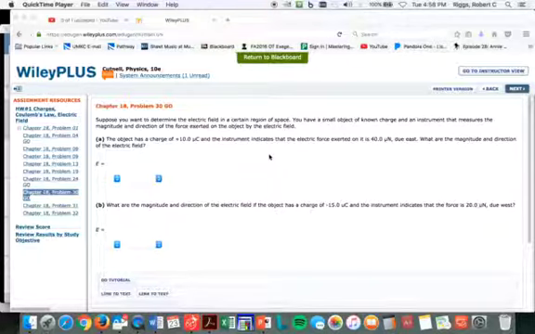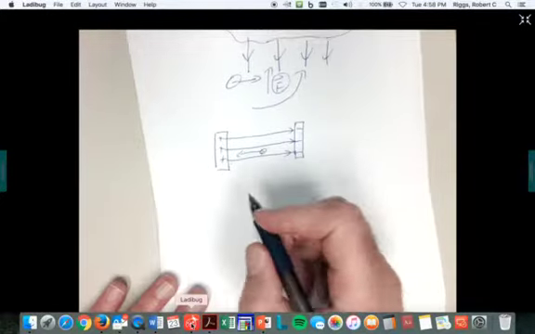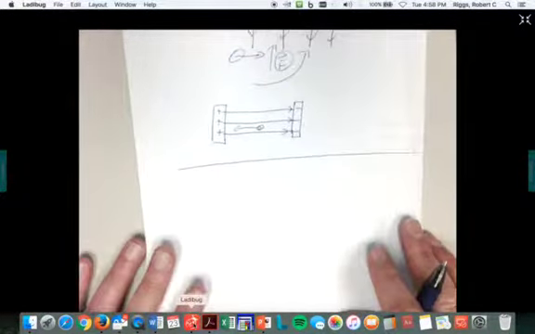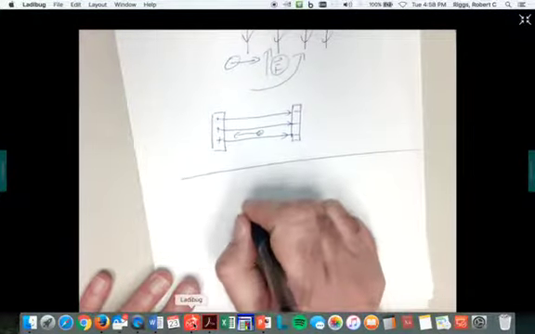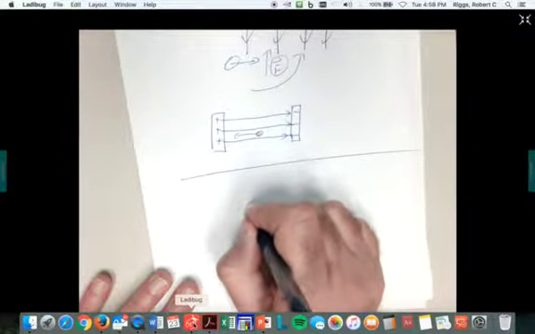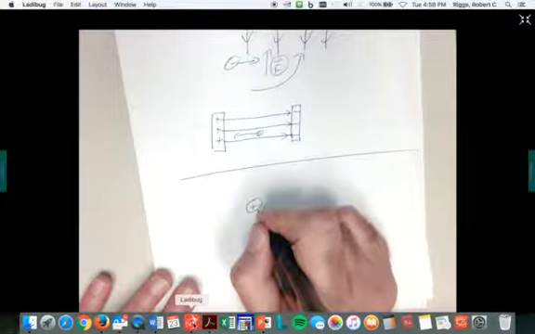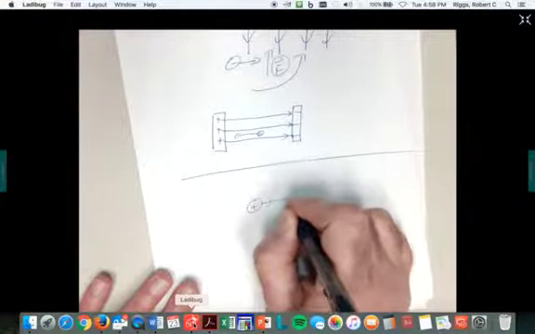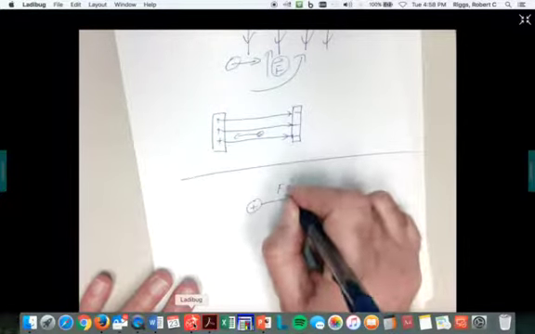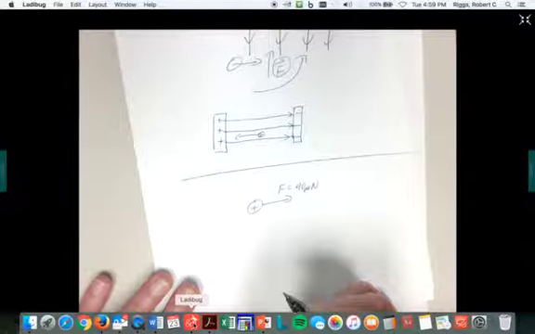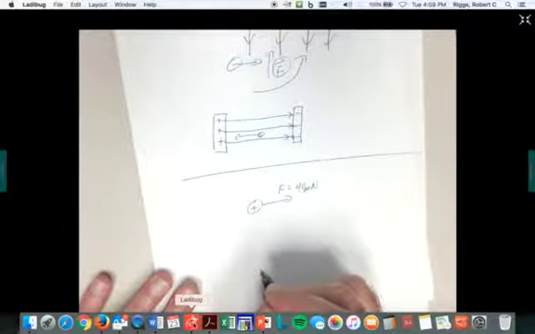Okay, well, let's draw the picture. So here's the problem. Now this is a tutorial, so I'm not going to fill it out too much. I've got this positive charge. It feels a force due east, and the force is equal to 40 micronewtons that direction, and it's a positive charge.